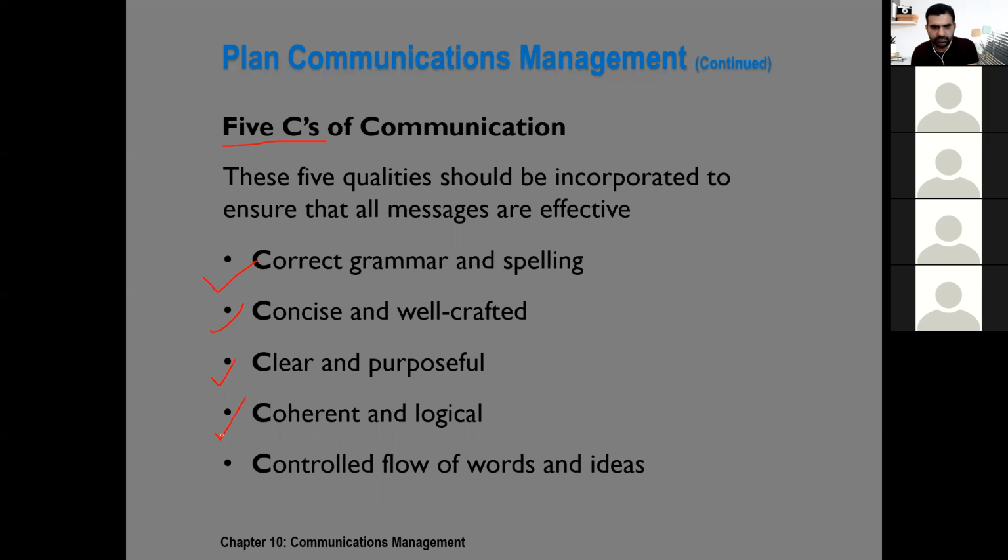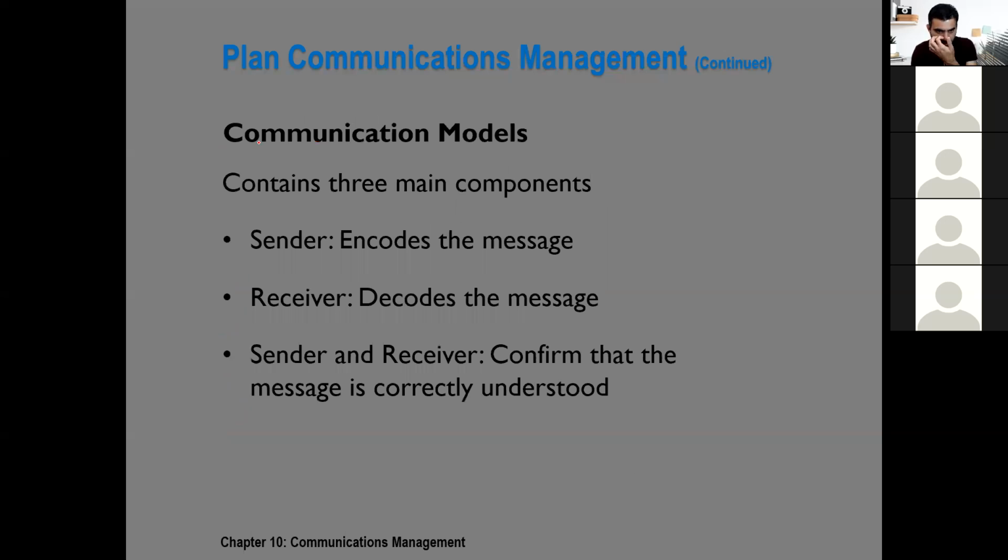When we talk about business communications, I also learned about 7 C's instead of 5 C's. But again, the purpose of any communication is that it should be well crafted, grammatically correct, clear and purposeful, and coherent with controlled flow of words and ideas.